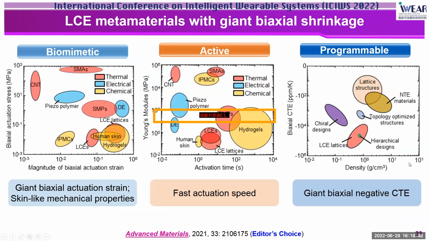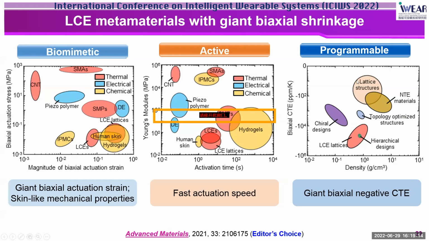And as you can see from these two left images, the LCE lattice metamaterial and hydrogel both have comparable biaxial actuation stress and Young's modulus comparable to those of human skin. But the LCE lattice metamaterials show a much shorter activation time than the hydrogels.